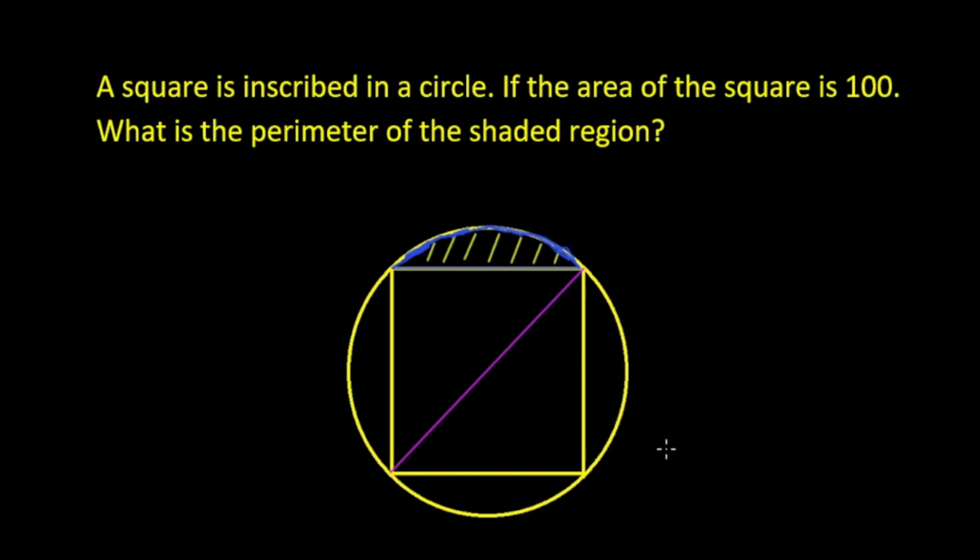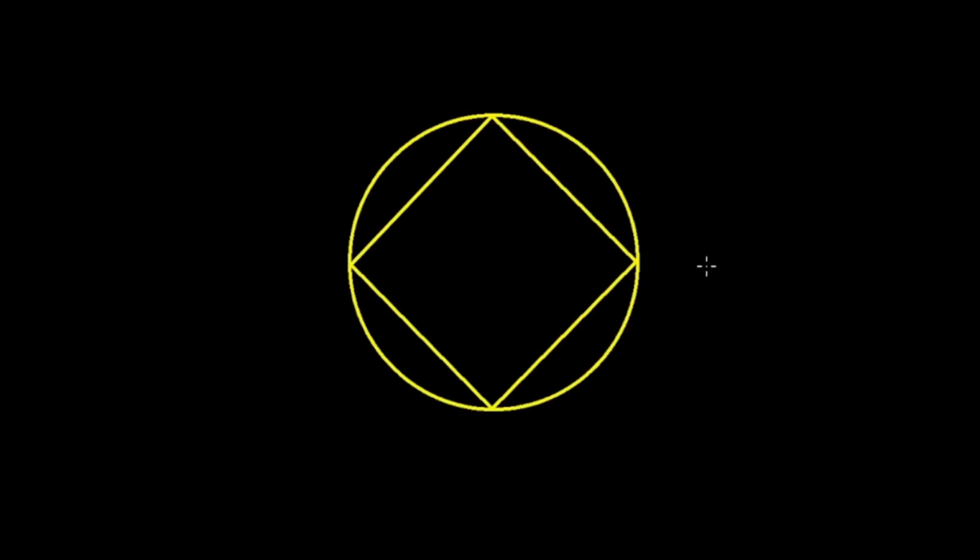Okay, to think about this, let's rotate this diagram a little. So like this, it's rotated a little. Now, if I draw a horizontal line here like this, so this is the diagonal in the square.